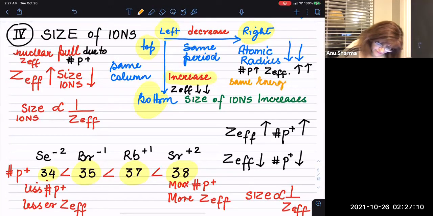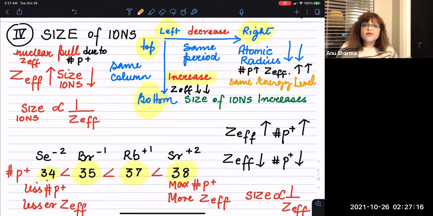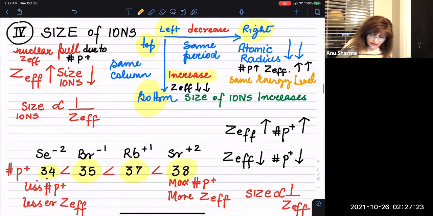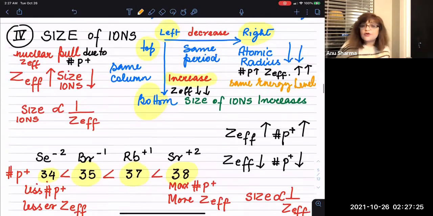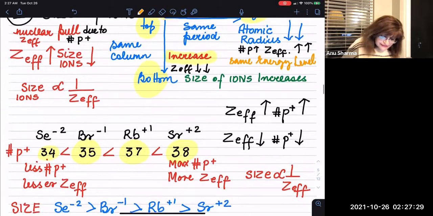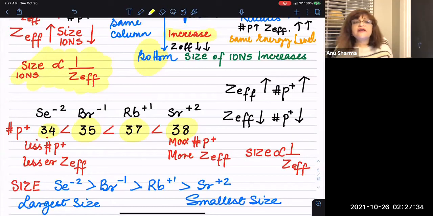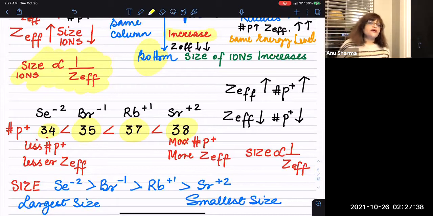In the same energy level, the nuclear pull is going to increase. So the atom becomes squished, it shrinks, the electron cloud shrinks basically. All right, so just keep in mind that the size of the ions increases when the nuclear pull decreases, and when the nuclear pull increases, the size of the ions decreases.